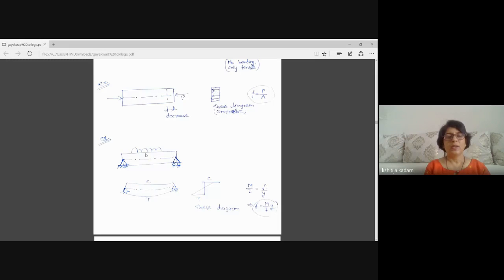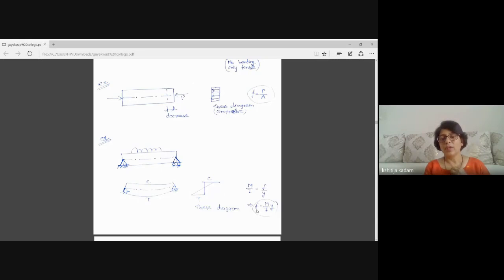Same is my rod, but this time I am applying a transverse load. Transverse means load perpendicular to the axis. So what will happen? The beam is bending and the top fiber will observe compression, bottom fiber will observe tension. Since top and bottom fibers are observing different type of stress pattern, the stress diagram will be triangular like this, showing zero value at neutral axis.